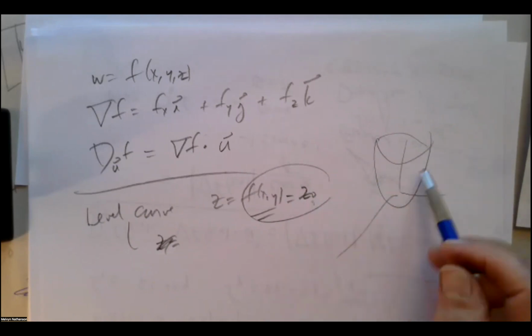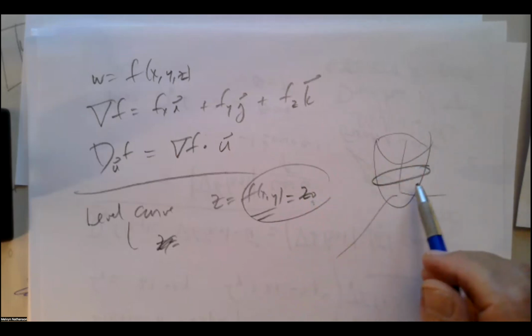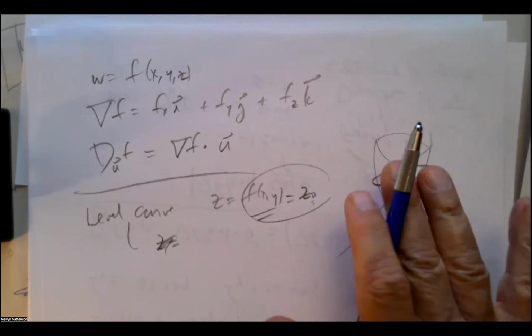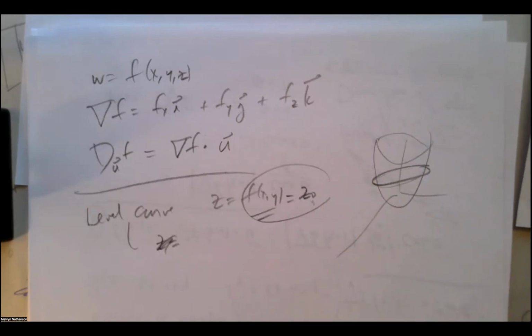if you look at a level curve, it would be some cross section through this paraboloid. It would be a circle or an ellipse. That would be an example of a level curve. All the points which are a certain height above or below the xy plane. That's the level curve. And along this level curve, the value of the function doesn't change.